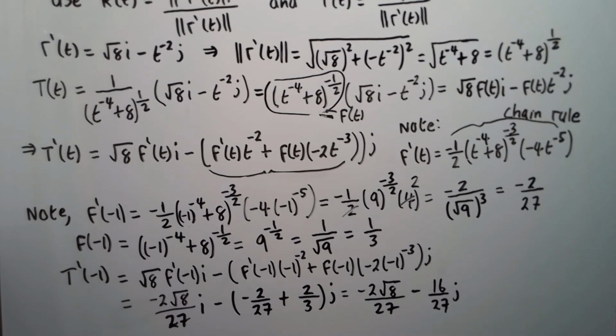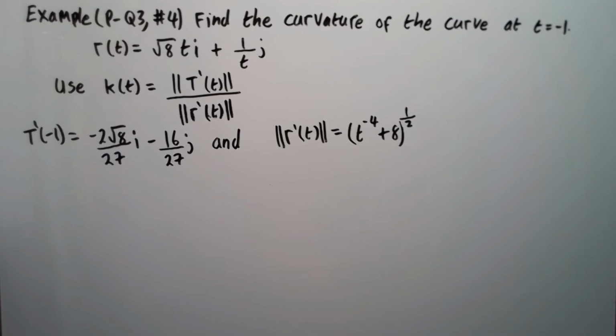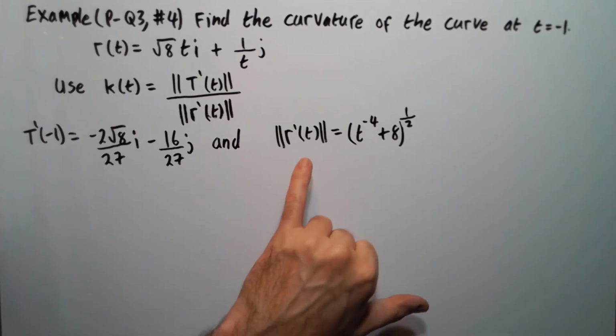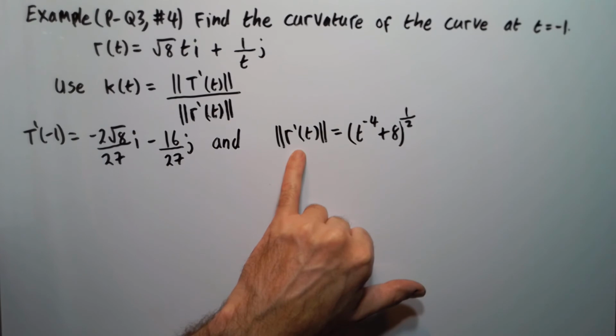Alright, so running out of space here, so I'm going to erase a few things, so let me summarize what we have and we'll keep going. Okay, so summarizing, we found capital T prime of negative 1 was this guy here, and we also have our magnitude of r prime is this guy.